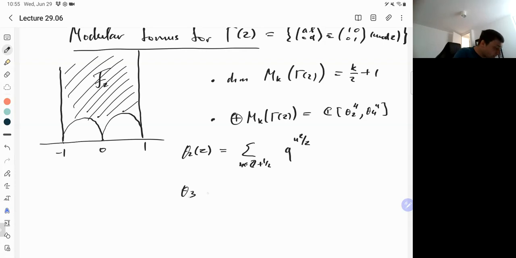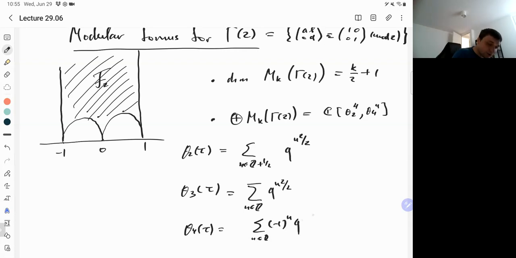There's another nice property that is quite rare for modular forms: all these functions don't vanish in the upper half plane.